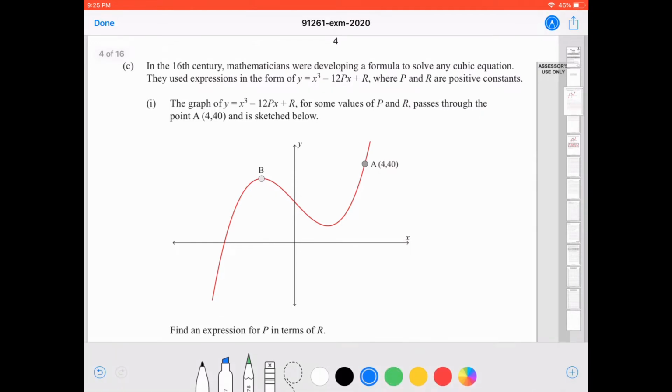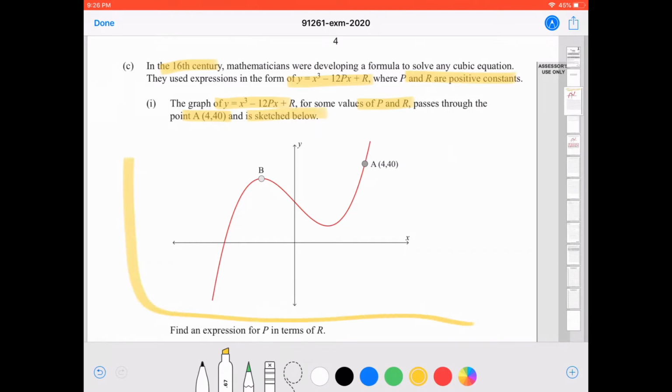It reads, in the 16th century, mathematicians were developing a formula to solve any cubic equation. They used expressions in the form of y equals x cubed minus 12px plus r, where p and r are positive constants. The graph of y equals x cubed minus 12px plus r for some values of p and r passes through the point A, which is (4, 0), and is sketched below.